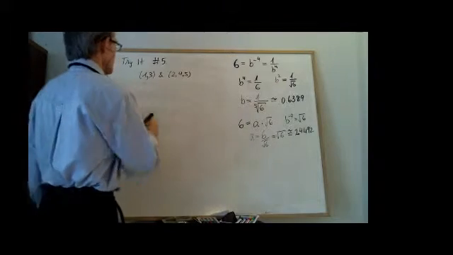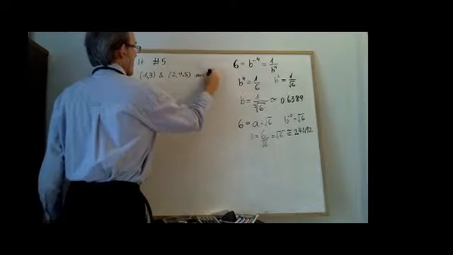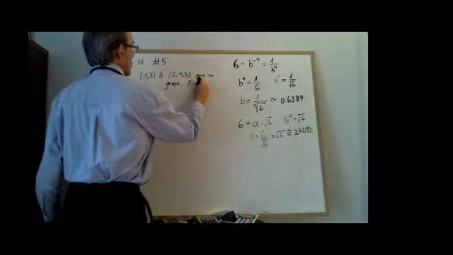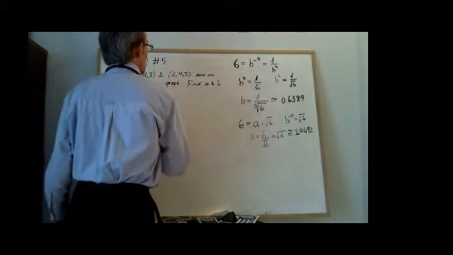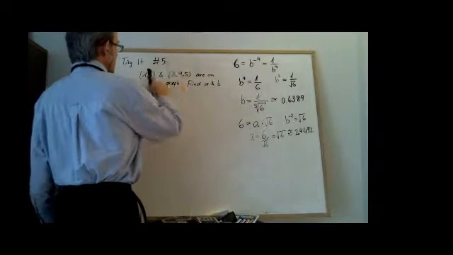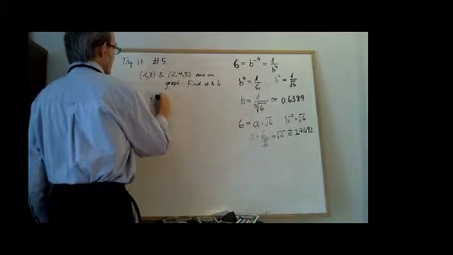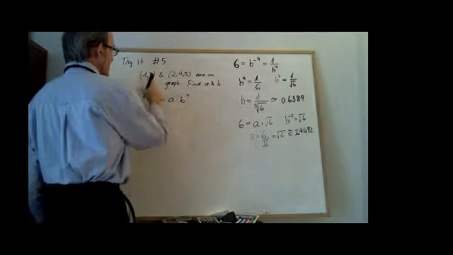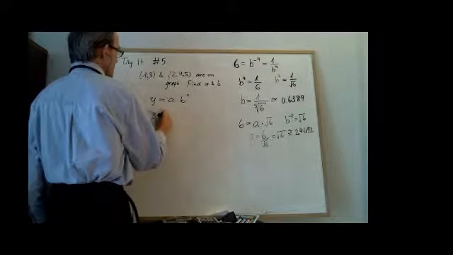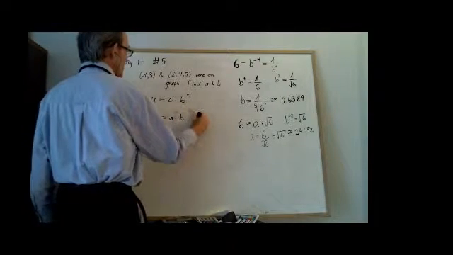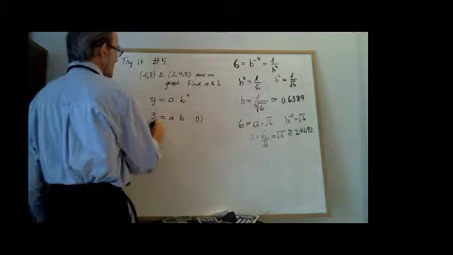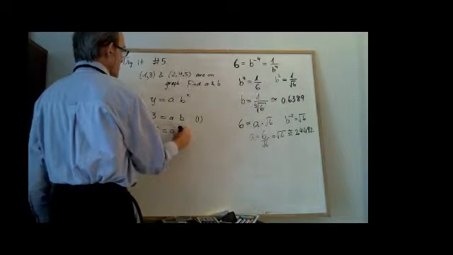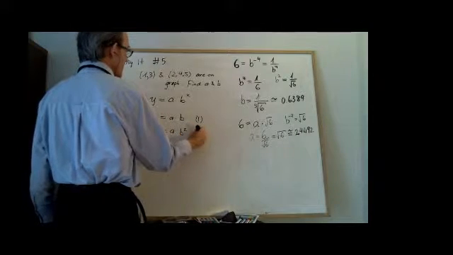Find a and b. So here's our form, a times b to the x. Plug in values. For the first equation, 3 is equal to a times b. That's equation 1. For the second equation, you get 4.5 is equal to a times b squared.